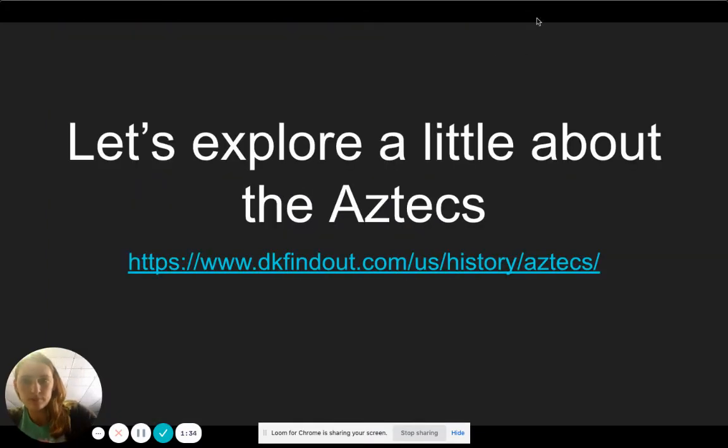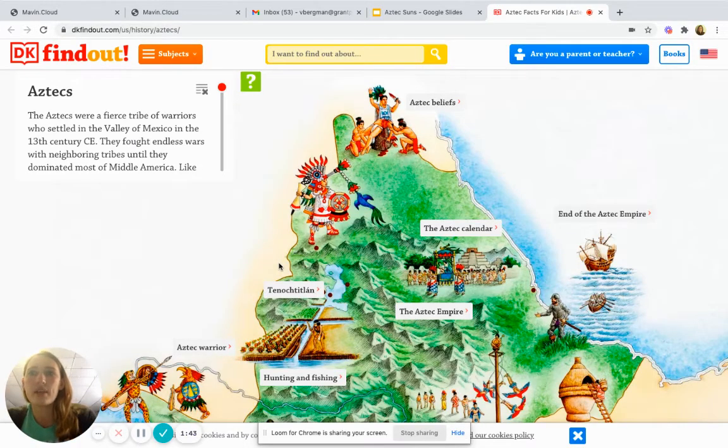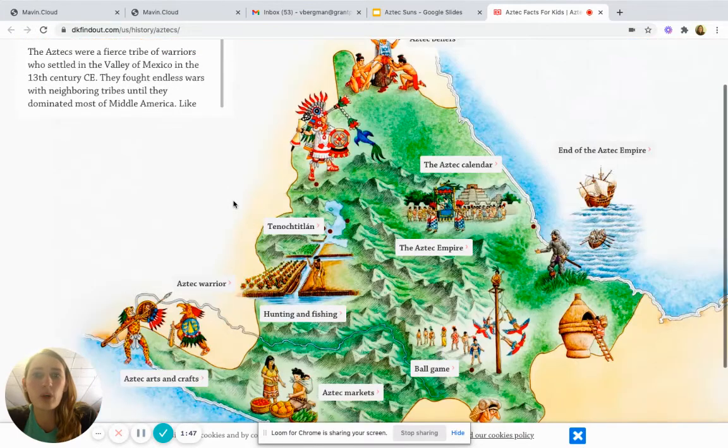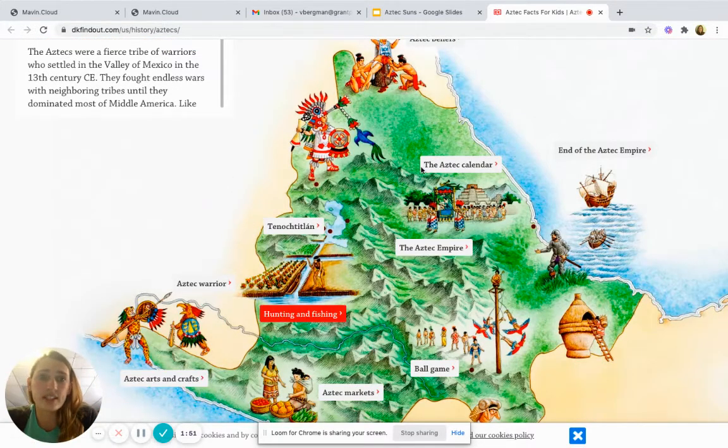So we can follow this website, and this website will give us a little bit more information. And if you want to check this out on your own, it's pretty simple to find, and it's a great one for kids to explore. This is, again, the map of what is now known as Mexico, but back then this was the Aztec Empire.